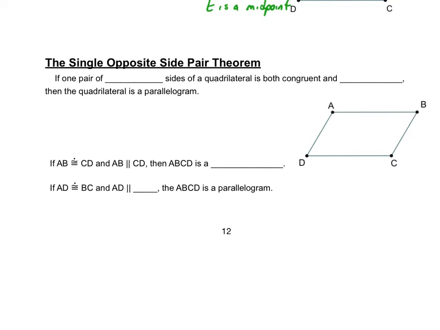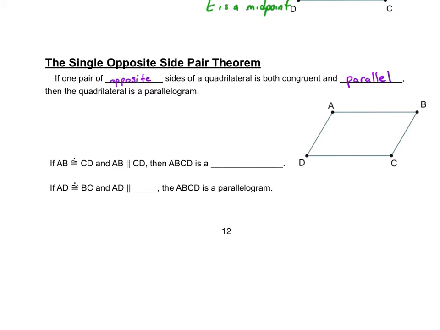So we have one pair of opposite sides of a quadrilateral that is both congruent and parallel, then the quadrilateral is going to be a parallelogram.